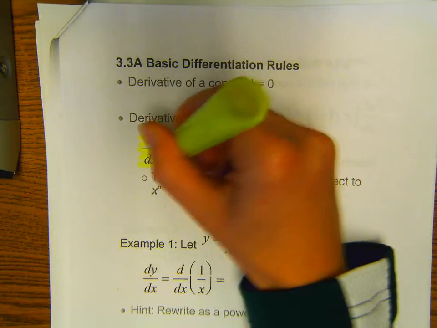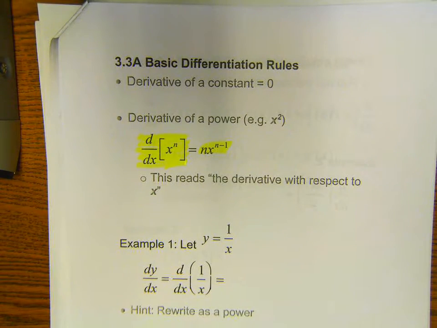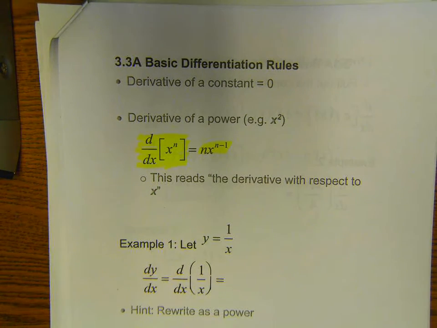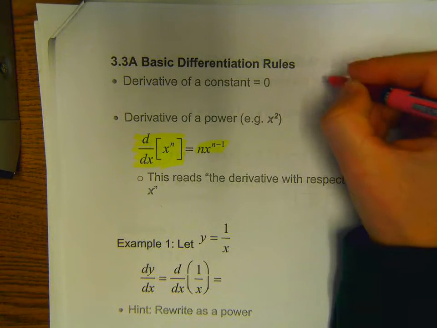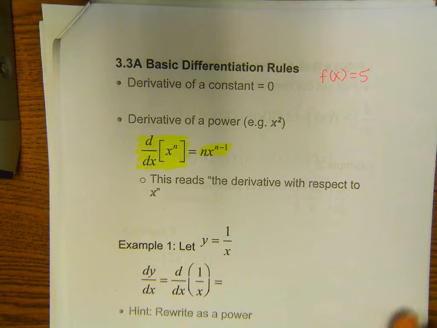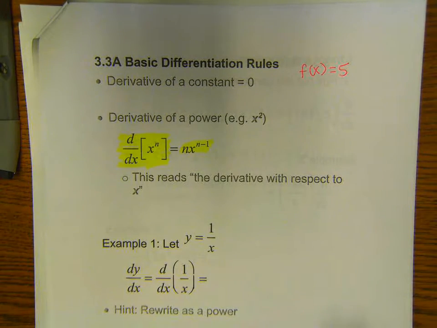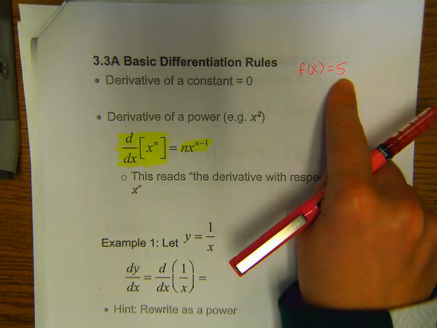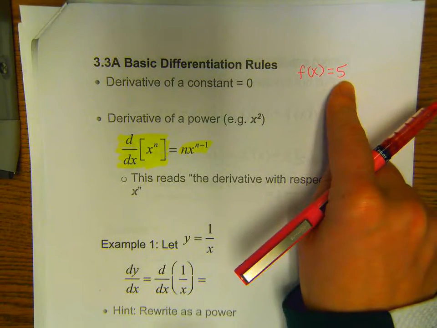Okay. So that's why the derivative of a constant is 0, because if I said f of x is 5, well, we can think of this in several ways. This is a horizontal line of 5. What's the slope of a horizontal line? 0.